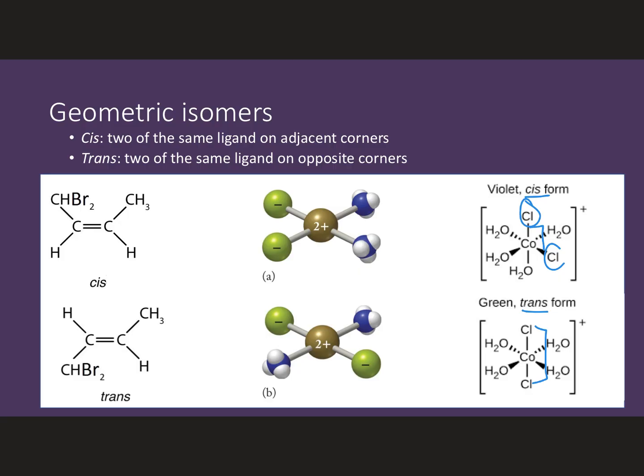For example, when we look at this cobalt complex, if it's in the cis form, it's going to be a violet color, whereas if we put it into the trans configuration, it comes out as a green compound. That's pretty cool. We haven't seen that before, probably. We'll talk a little bit more about that when we talk about coordination chemistry later on in the semester.